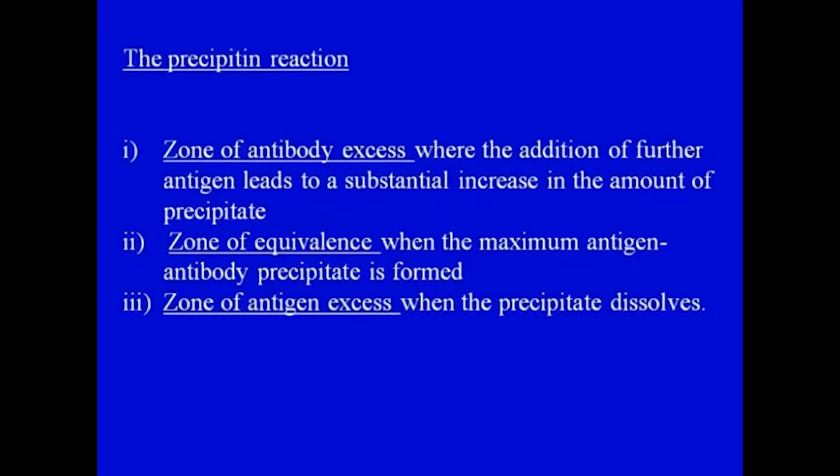Now, before we go into the technique of immunoelectrophoresis, certain basic things need to be understood. Like we were talking about immunoprecipitin reactions. Now, what are these precipitin reactions? So, let us understand this.